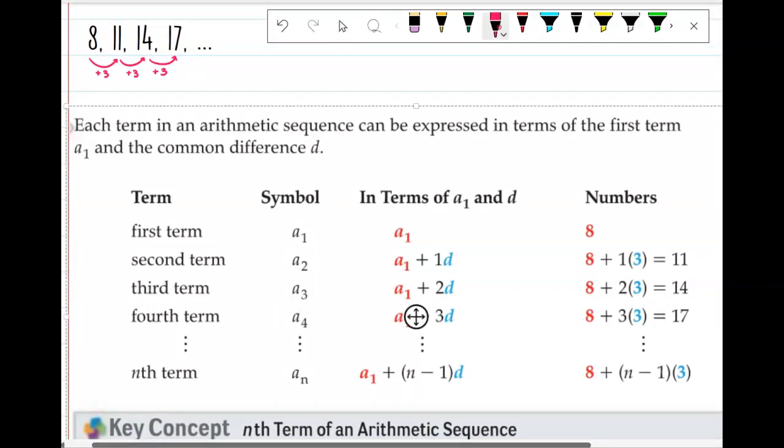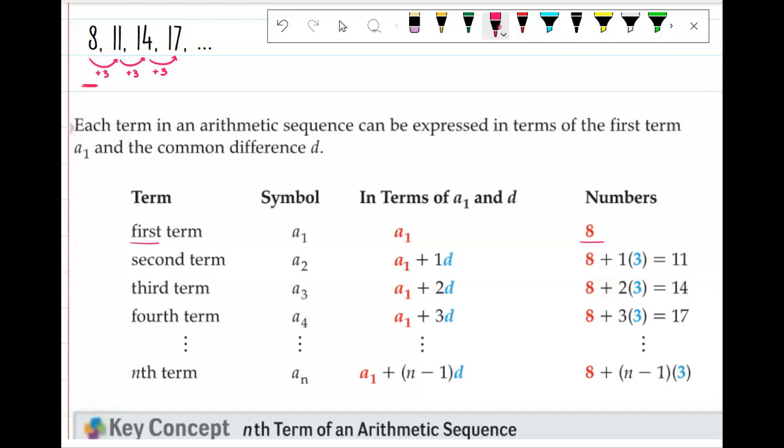So you can see here in this example, the first term is 8. The second term is 8 plus 3. 3 is the common difference. The third term is 8 plus 6, or 2 common differences. The fourth term is 8 plus 3 common differences.